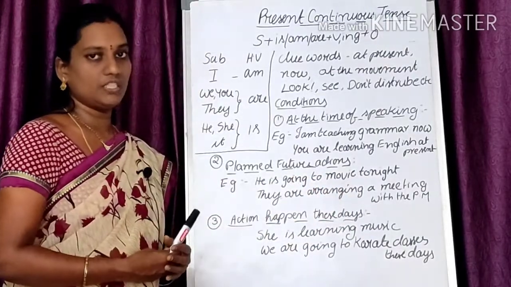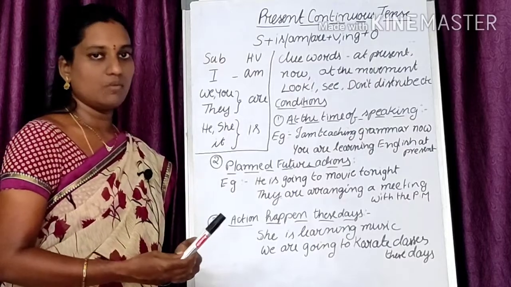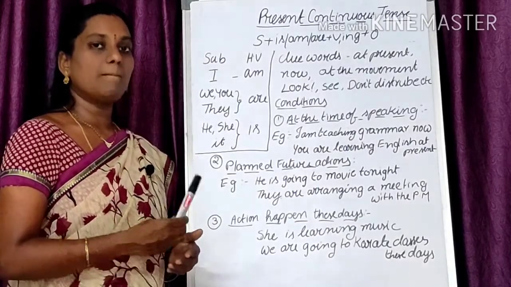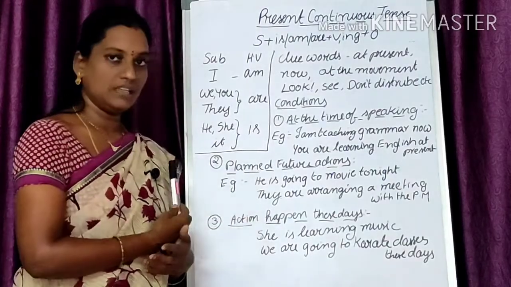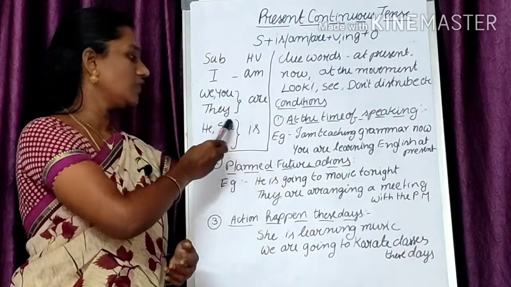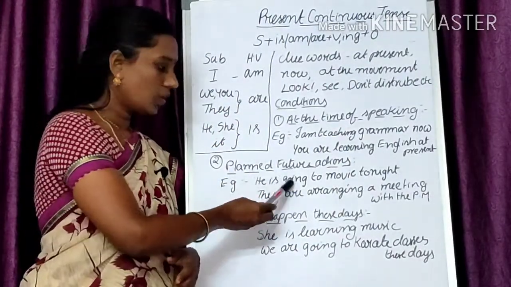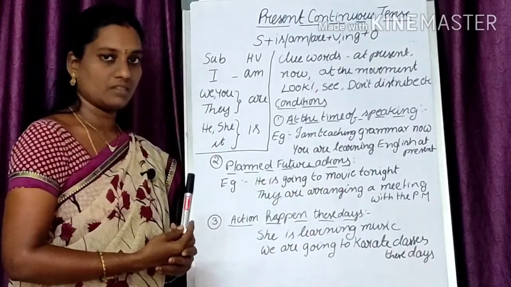Tonight is a future time, but he already fixed that he will go for a movie. So that type of action can be expressed in present continuous tense. The subject is he. For he, we will use is. So he is going to a movie tonight.